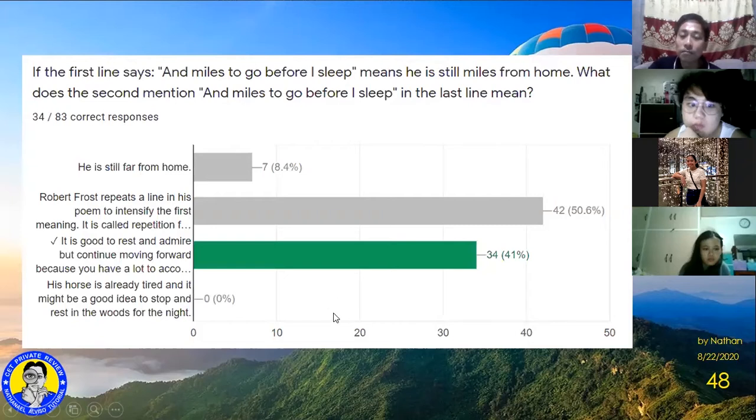And then we have 2 lines there. The first line says, "And miles to go before I sleep." So it means, basically, he's still away from home. What does the second mention, "and miles to go before I sleep" in the last line mean?